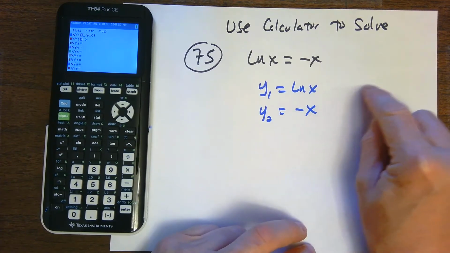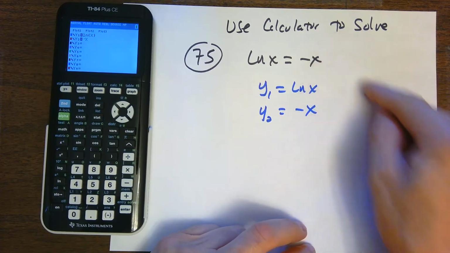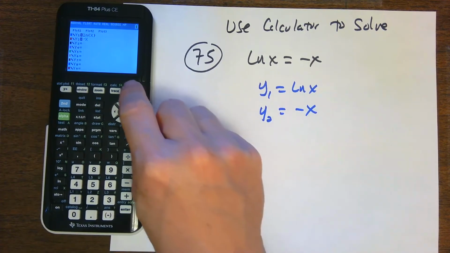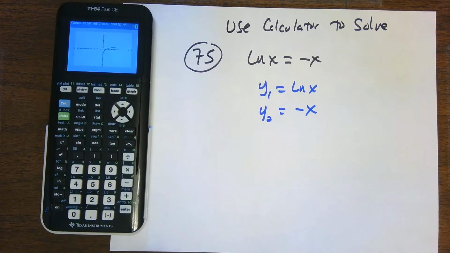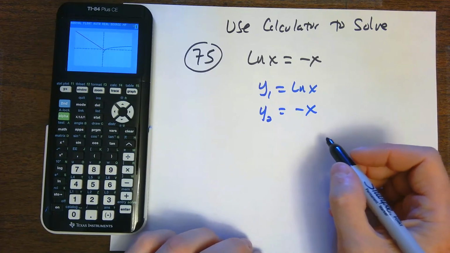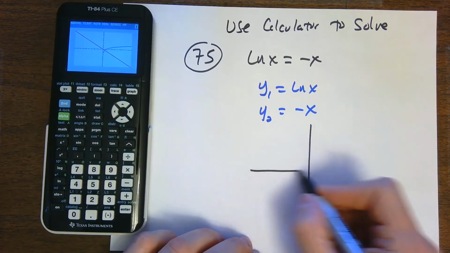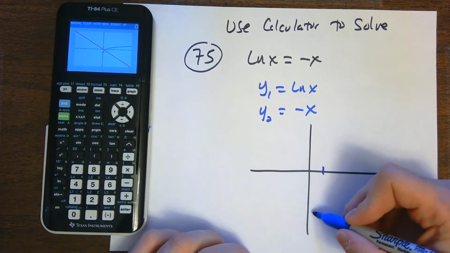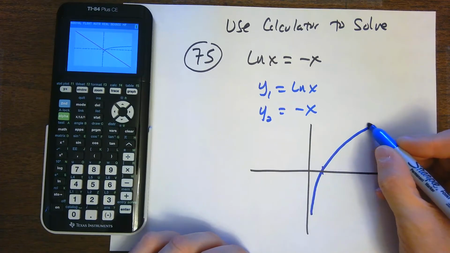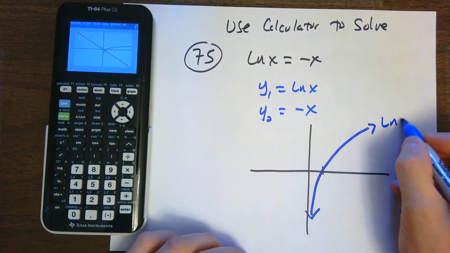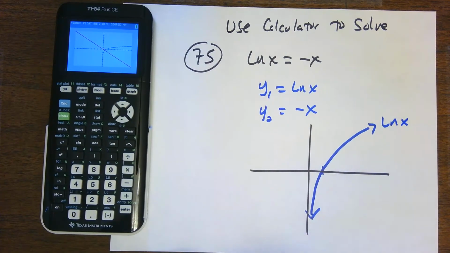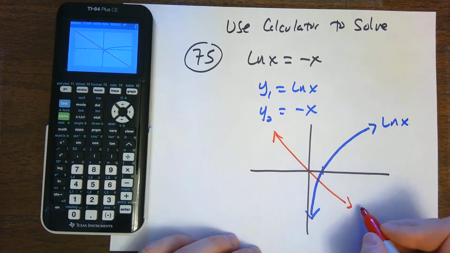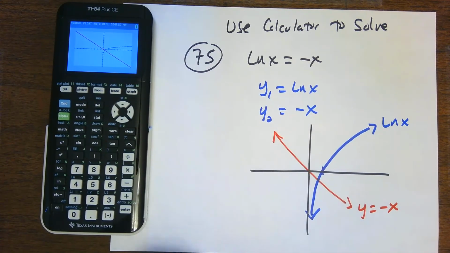We should kind of get an idea. Log base e of x is going to be a logarithmic growth. -x is going to look like that. We should kind of already have an idea what these things are going to look like. And then zoom standard, and I'm going to get the graph, and my graph is going to look like the natural log of x, logarithmic growth, looks like this, and -x looks like that.